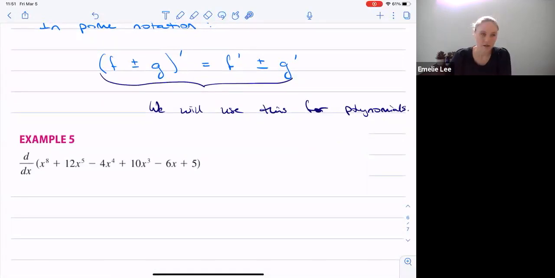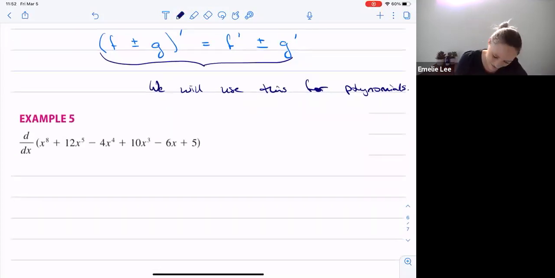First, I want you to be really grateful that you don't have to use the limit definition of the derivative: f of x plus h minus f of x over h. That's a no for me. x plus h to the power of 8, you'd have to expand that all out, and then plus 12 times x plus h to the power of 5, you'd have to expand all that out. It would take you half a day. It sounds terrible.